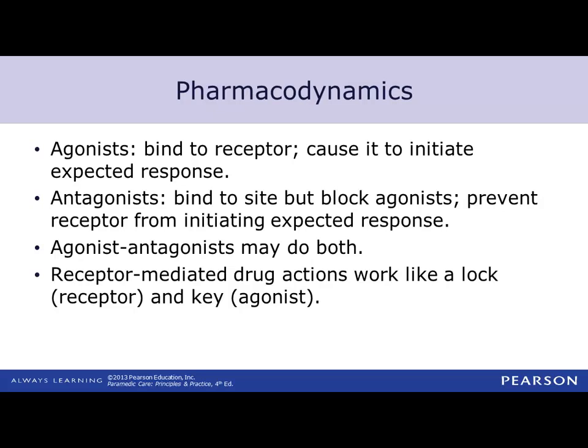Receptor-mediated drugs work like a lock and a key. Your receptor is your lock. The agonist is the key. So it's the same shape as the other chemicals that would be attaching to the cell wall, but it's one that we're giving, and it locks onto that receptor.